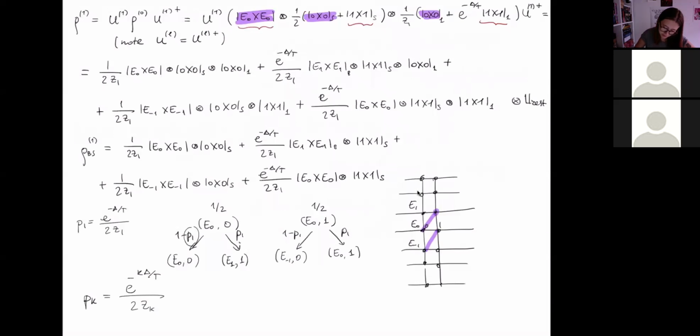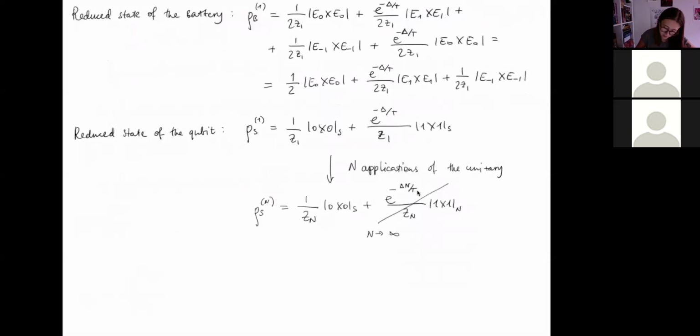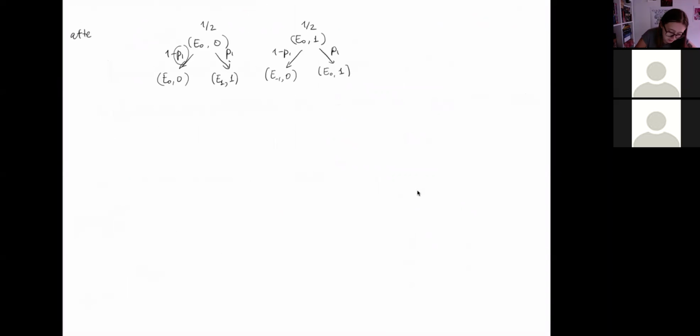Okay, so now a bit about the random walk, just to give it a more mathematical description. So maybe just let me copy this from the previous. So after the first step, we arrive to this. What happens after the k-th step?